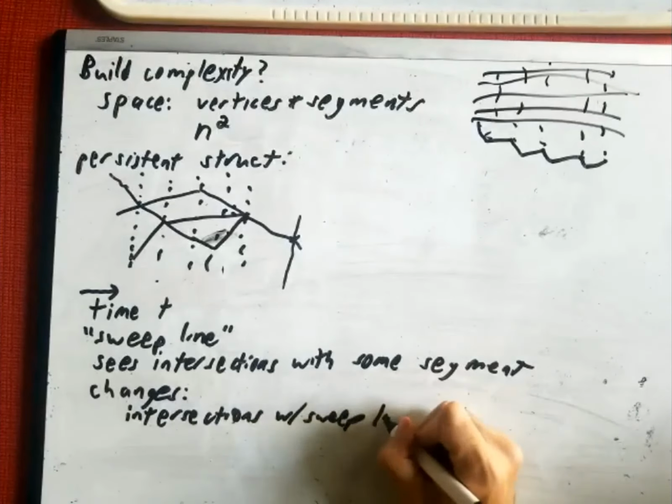As the sweep line moves to the right, this intersection point is going to move downward. But that's a number, and in computational geometry, we don't care so much about the numeric values. But at certain points, there are more significant changes than just a numeric change. There are actual topological changes. So what kind of changes can we see happening as we move this sweep line across time?